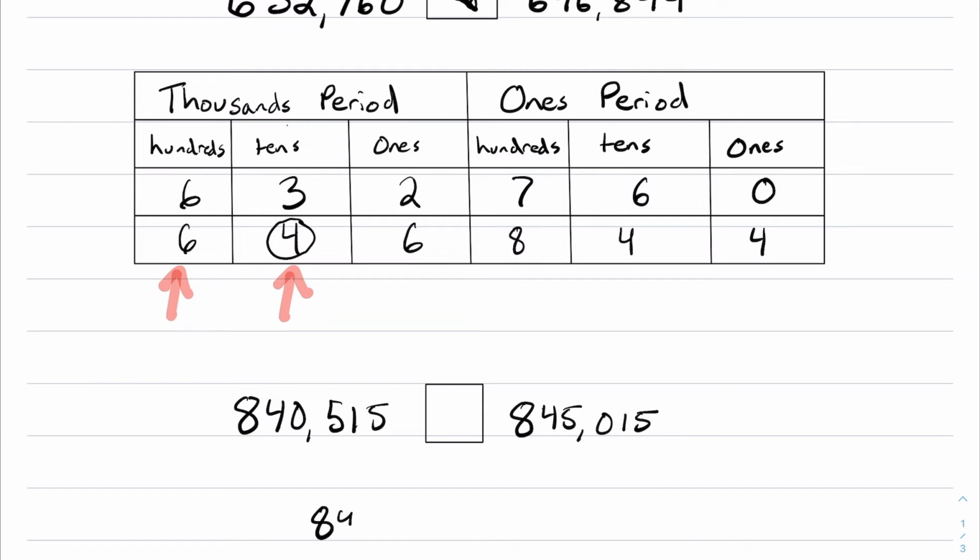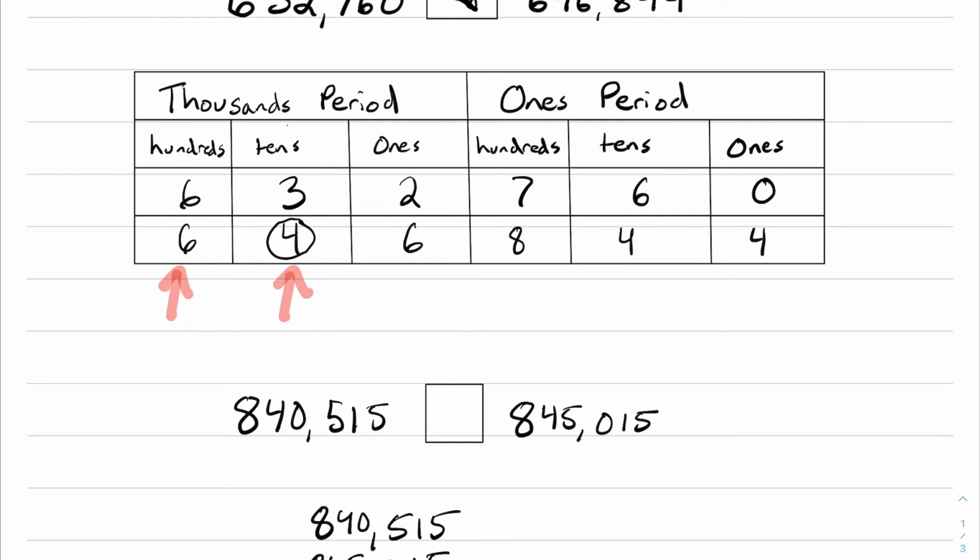So I'm going to start by writing our 840,515, and I'm just going to place the 845,015 right below it where we're lining up. We have our ones lined up, our tens, our hundreds, our thousands, our 10,000s, and our 100,000s are all lined up so that we can then compare them.